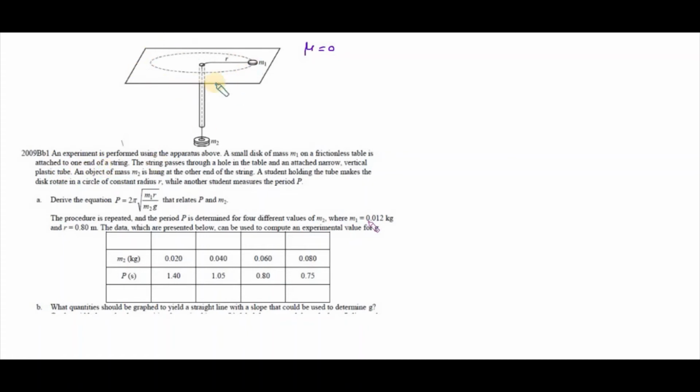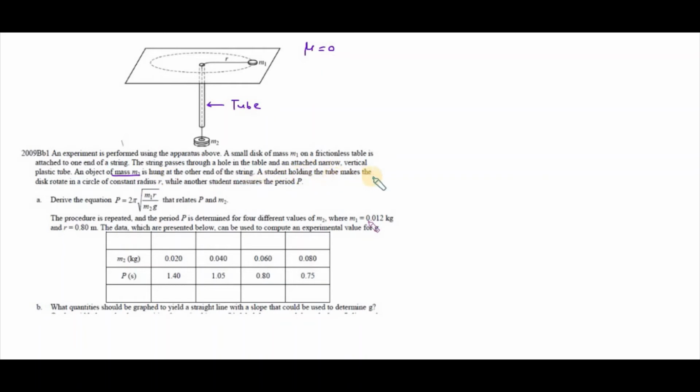So it is continuously rotating, that m1. It is making circular motion here on the table, and the string passes through a hole in the table and is attached to a narrow vertical plastic tube. So this one is representing the plastic tube, through which the string has passed, and it is connected with another mass, whose mass is m2, which is in hanging condition.